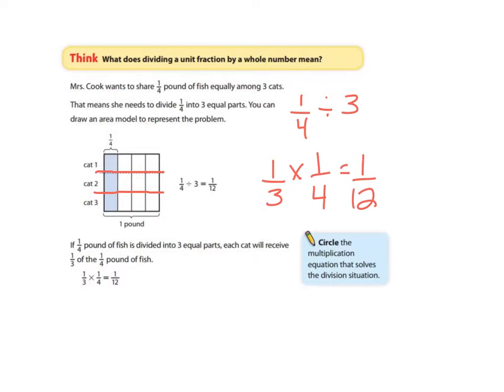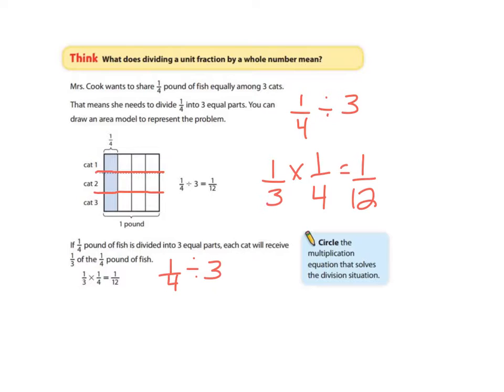Now, I want to show you how we do division of fractions in a much easier way. So I'm going to take my original problem, 1/4 divided by 3. In division with fractions, we like to use this catchy phrase just to help us remember what to do, and it's called keep, change, flip.